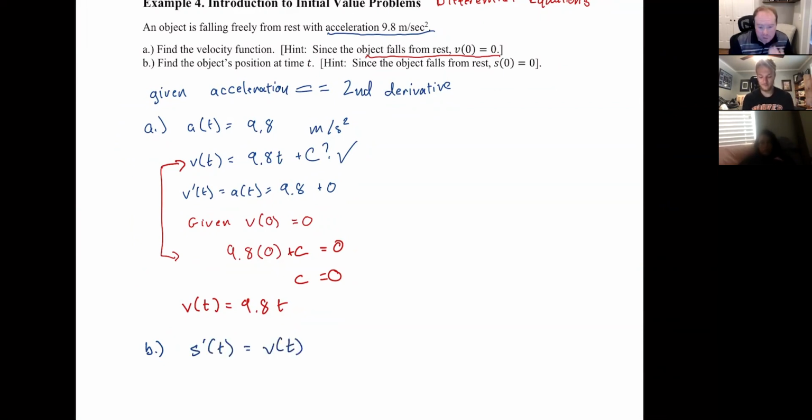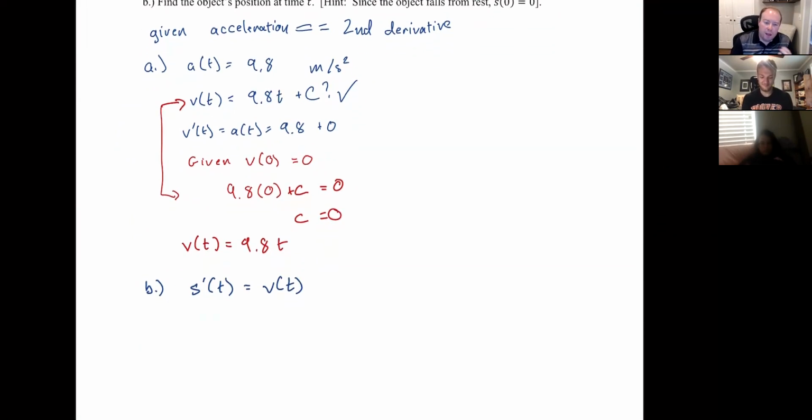So again, we have the first derivative, and we need to get back to the position function. If you're thinking about what happened to get the 9.8, well, the t came from t squared. Originally there was a square, it came down, doubled it. So we have to really think about how I get a 9.8 when I take the derivative.